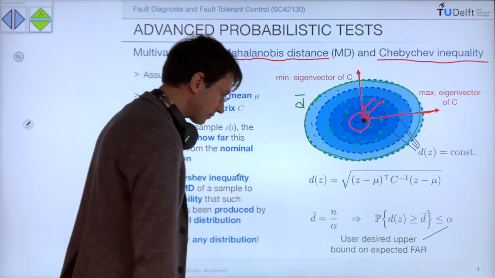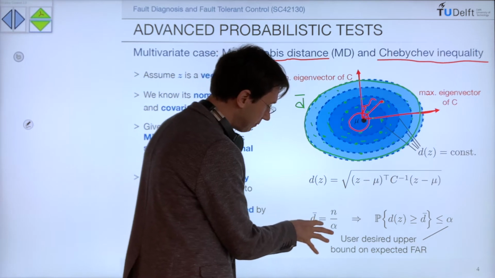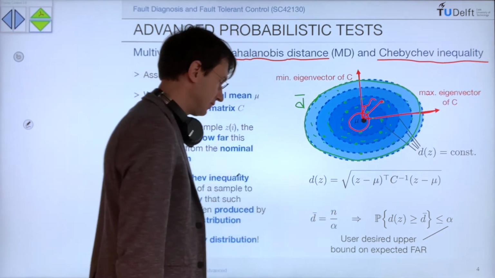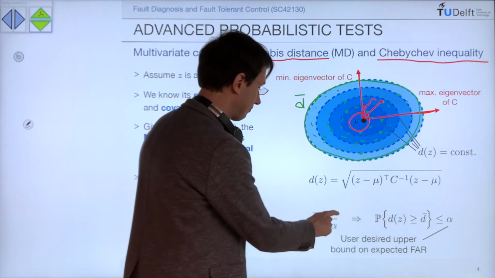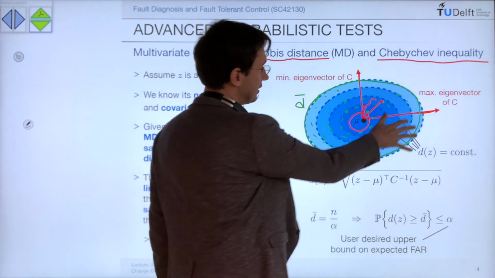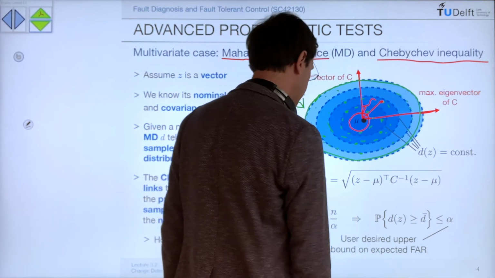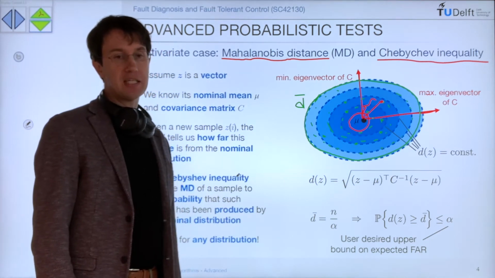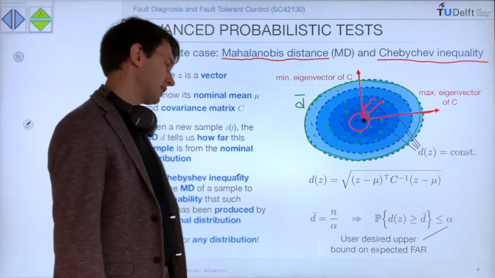And then the threshold is simply this ratio here, n over alpha. So n is the dimension you are in, in this case 2. And alpha, again, is such that 1 minus alpha is your significance level.